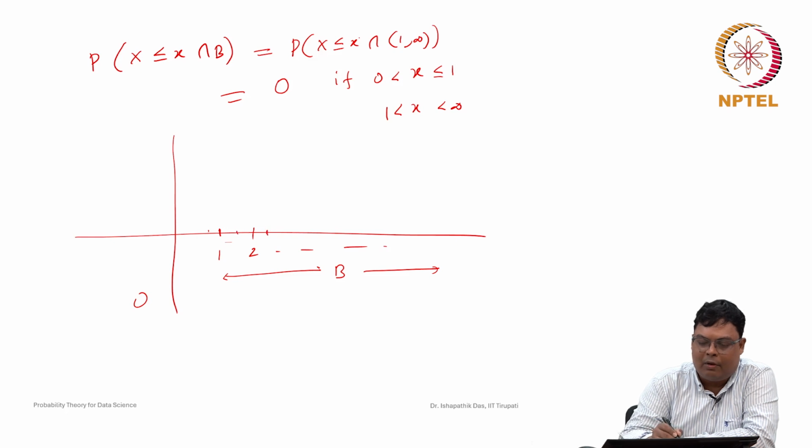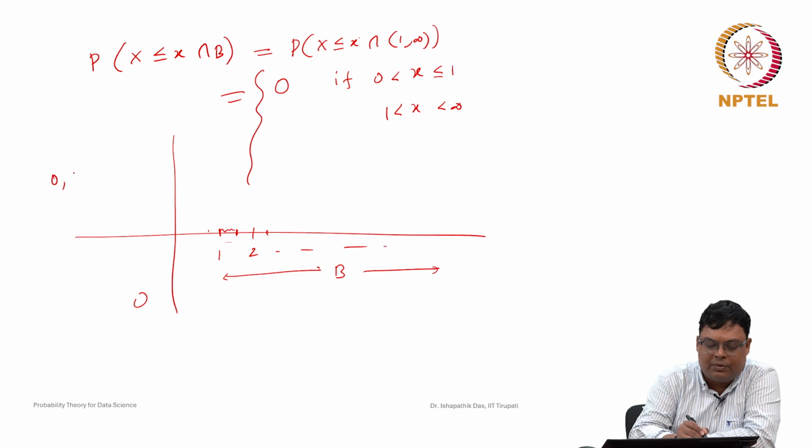The intersection of 0 to x with 1 to infinity is nothing but 1 to x, where x is greater than 1.